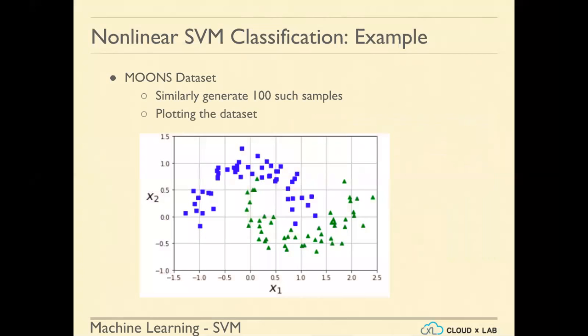So we've just generated some random data. We have make_moons, and right now we're just passing the parameters. Now, the question to all of you is how to classify this using a linear classifier.